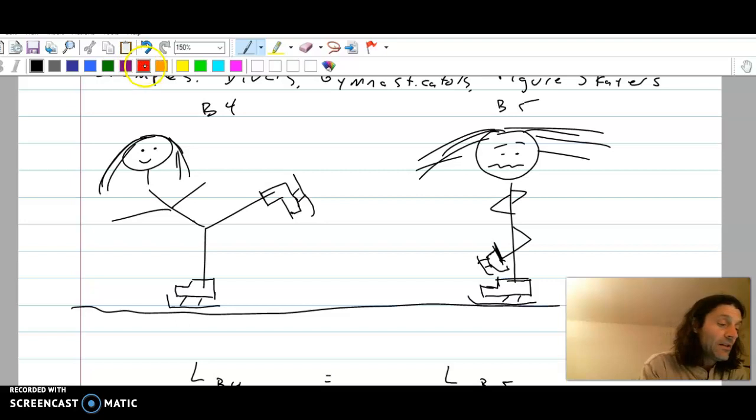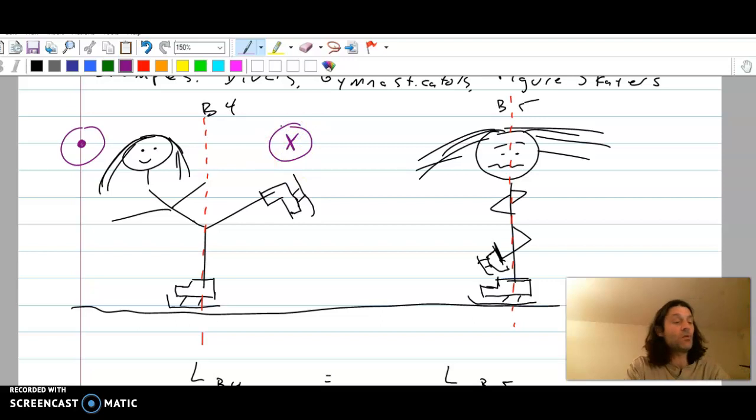The axis at which this person is rotating is right there. This person is coming out of the page on this side, so that would be the symbol for out of the page, and this is the symbol for into the page. So this person's coming out of the page and into the page, going in circles.